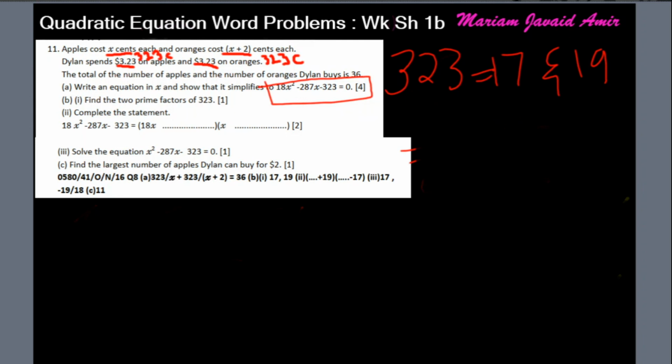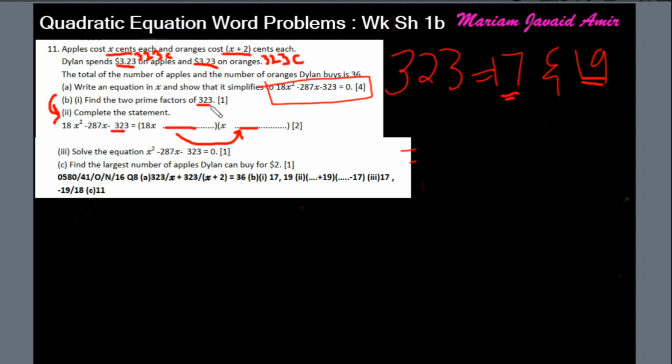Part 2, complete this statement that this should be factorized to this, and we need to fill in the blanks. Now keep this in mind that these two parts are linked, so we need to try these two factors 17 and 19 with different signs. Whatever these two numbers are, when they multiply, we should get minus 323.